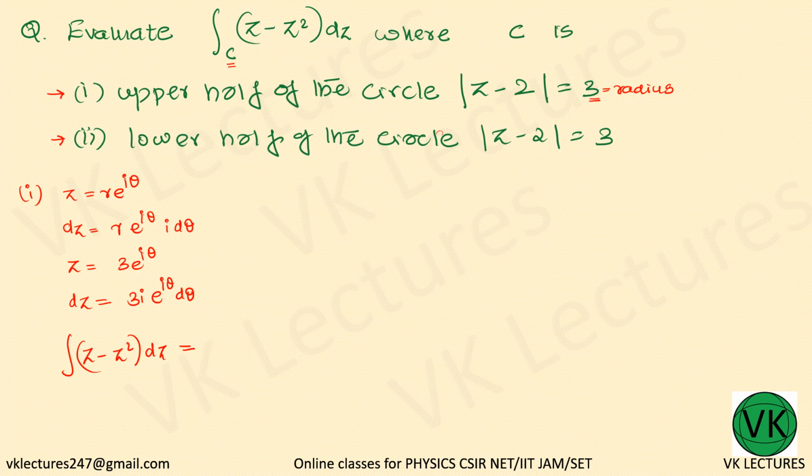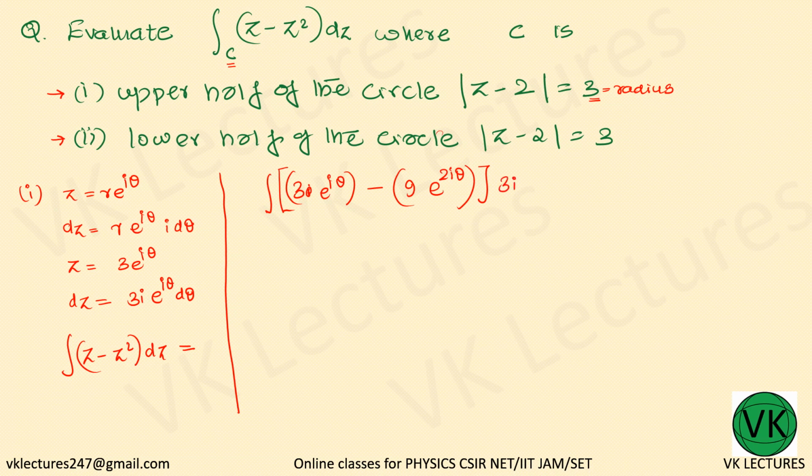Now that's equal to, let's write here, integral z is 3 e to the power i theta minus z square will be equal to 9 e to the power 2i theta. This one into dz. What is dz? 3i e to the power i theta d theta.